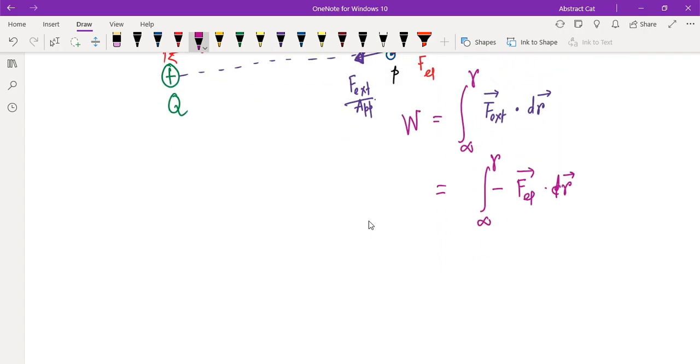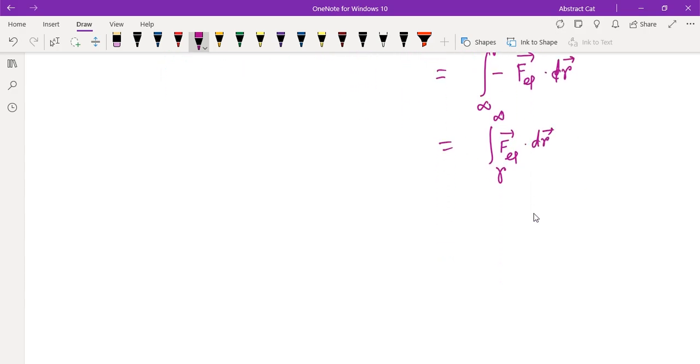And if I change the limit to r to infinity, then the minus is omitted, so finally we get the integral of F electrostatic dot dr, okay. So here we put the limits, and the electrostatic force is plus Q source charge times test charge small q over 4 pi epsilon naught r square, from r to infinity, and that's dr, okay.